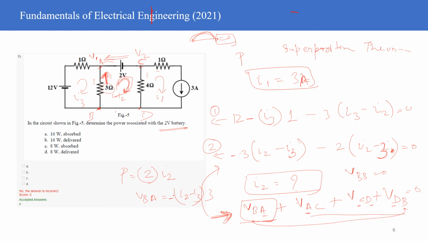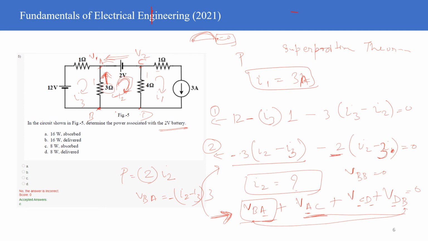Right, Hassan? Right. So that is what I have written over here. If you see what is VAC, then VAC is nothing but higher potential minus lower potential. So it is minus 2 volt, right? So you can write minus 2 volt over here.